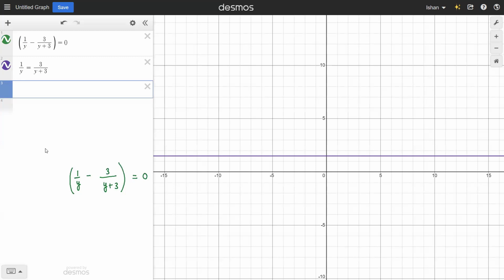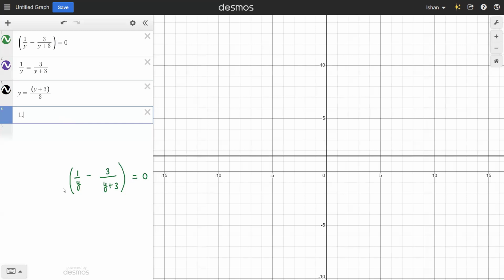I can write y is equivalent to y plus 3 divided by 3. Now we'll see in this case, the black line is showing the value that is 1.5. I can write 1.5, that is 3/2. Or you can use regression directly.